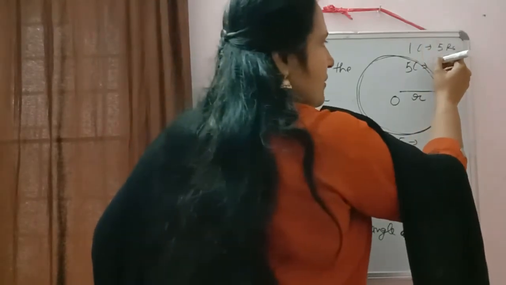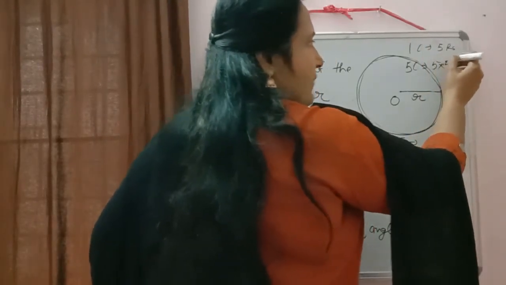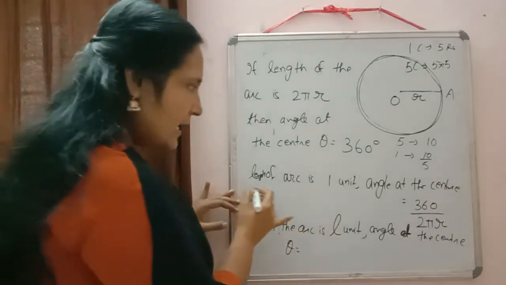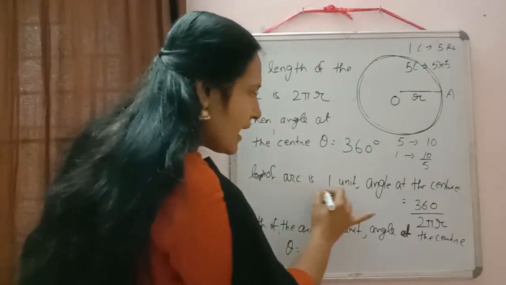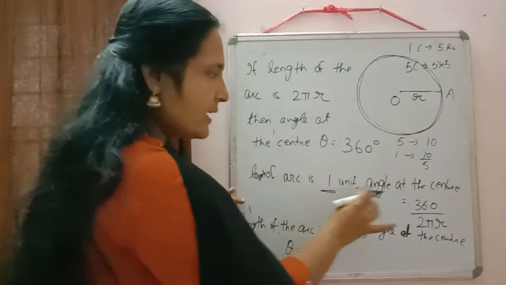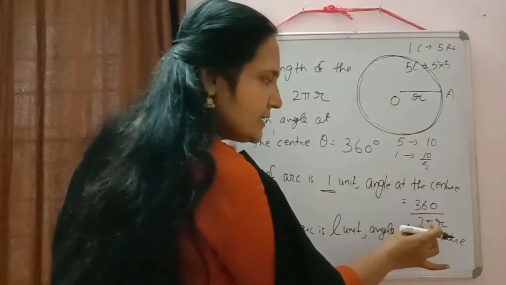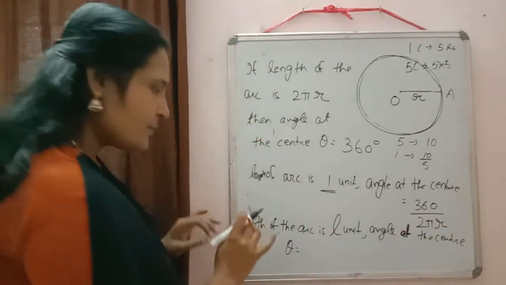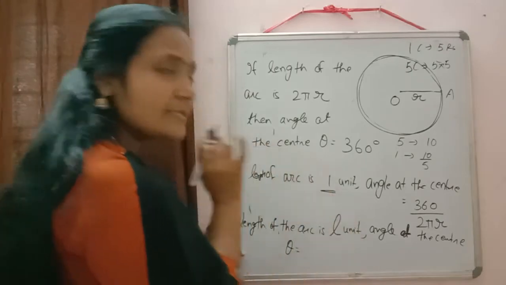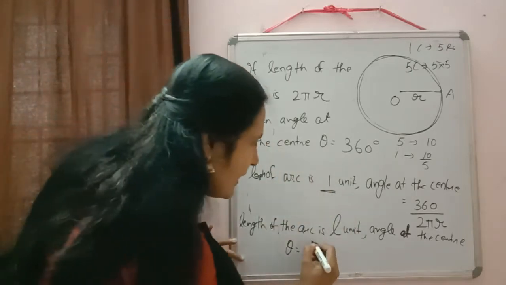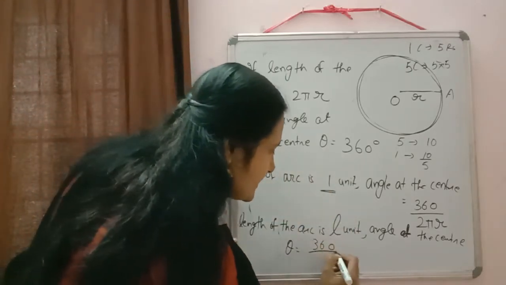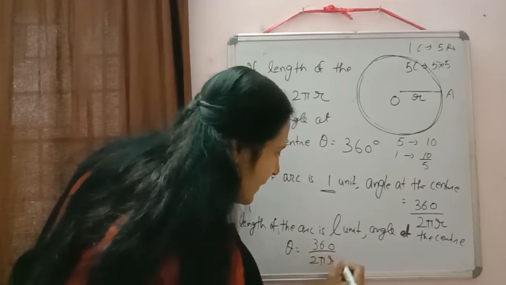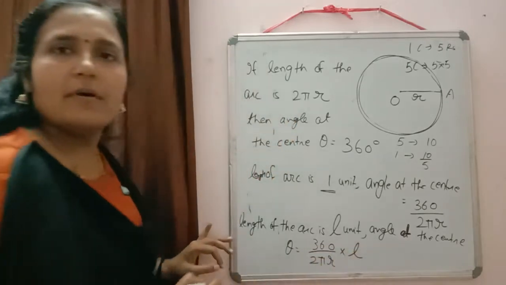How will we do it? 5 into 5. In the same way, if the length of the arc is 1 unit, then angle at the center is 360 by 2 pi r. So if length of the arc is L unit, then angle at the center will be equal to 360 by 2 pi r into L.